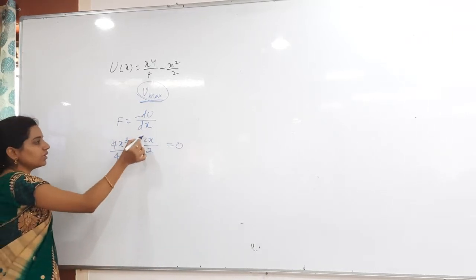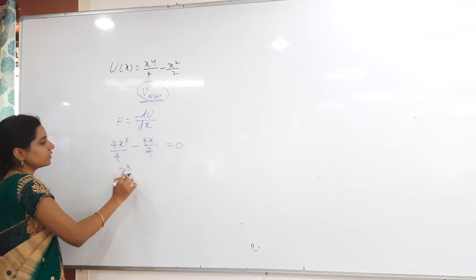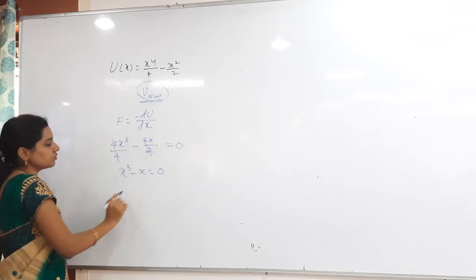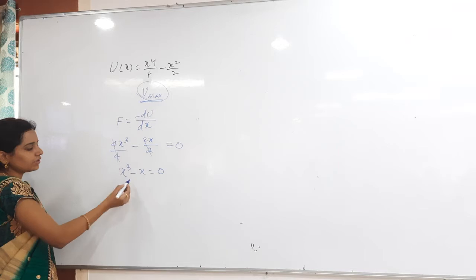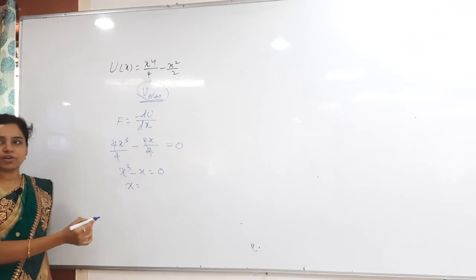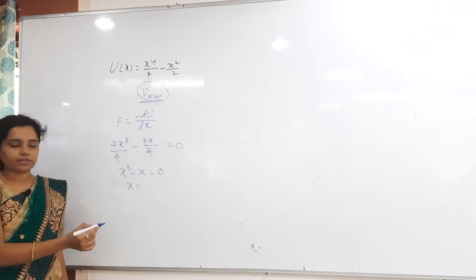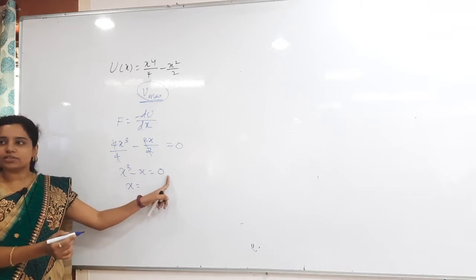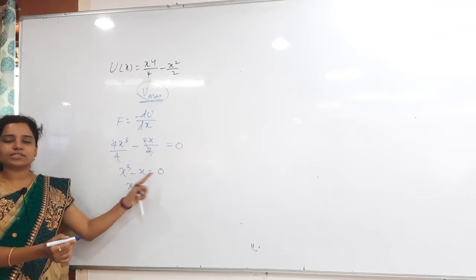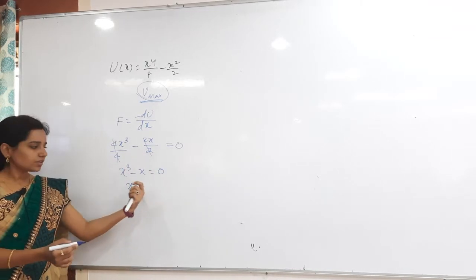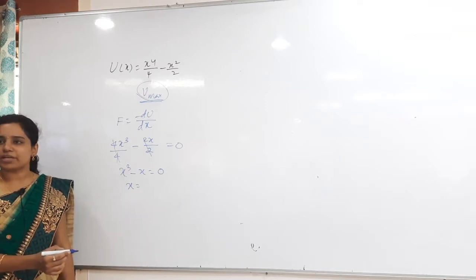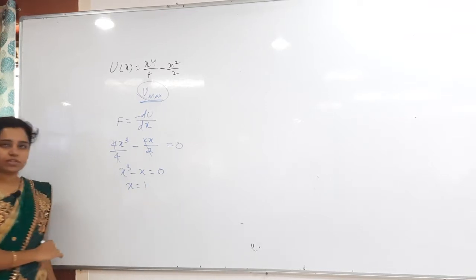Then x^3 minus x = 0, so x^3 = x, and x^2 will be 1, then x = plus or minus 1.